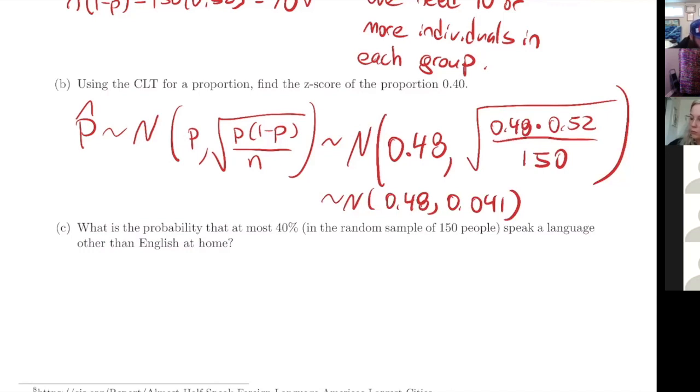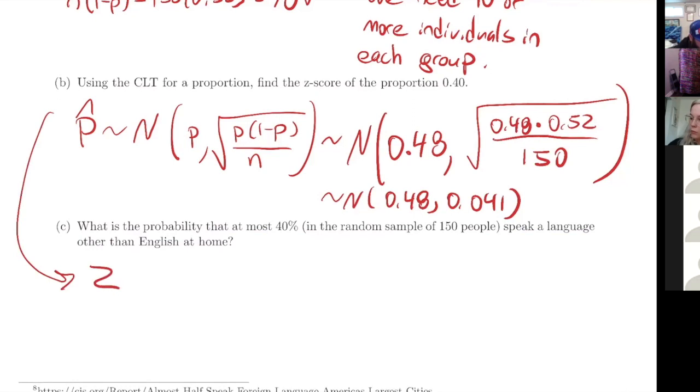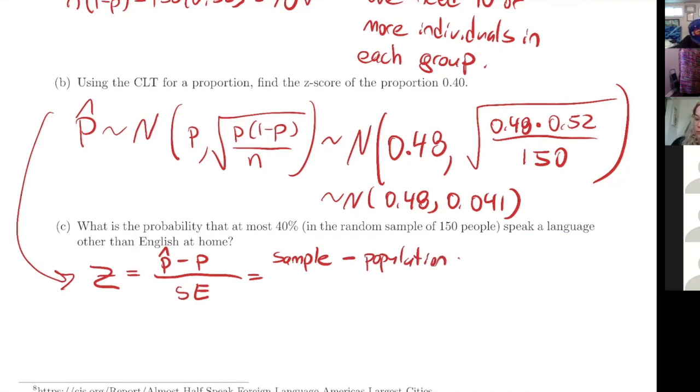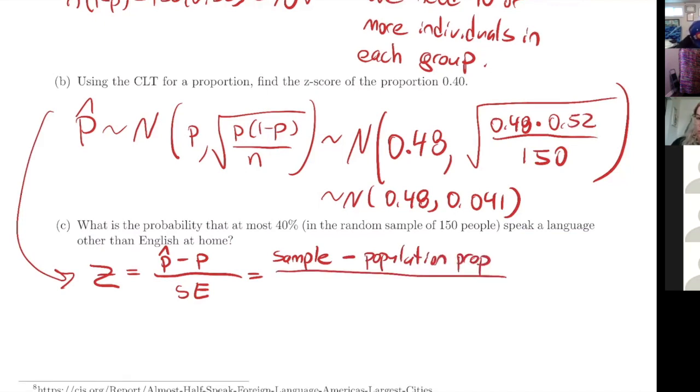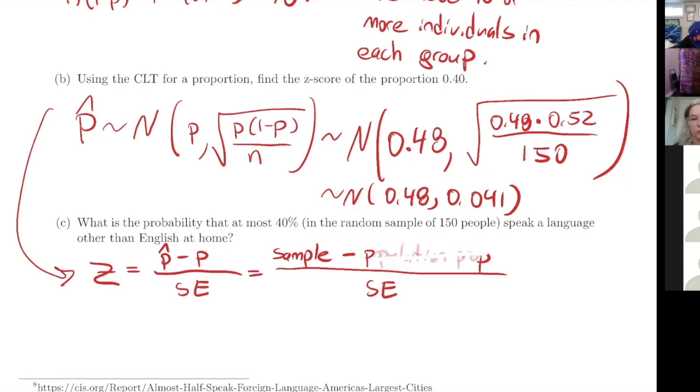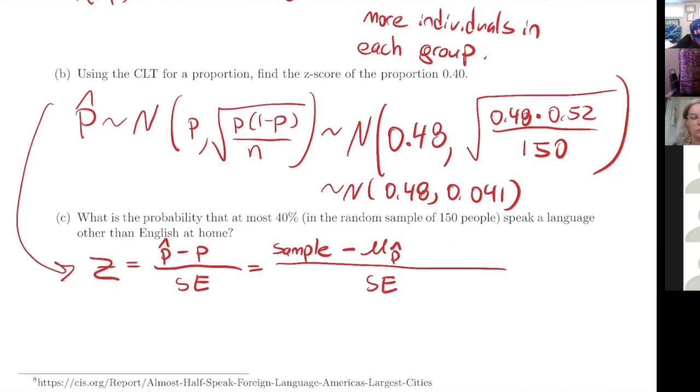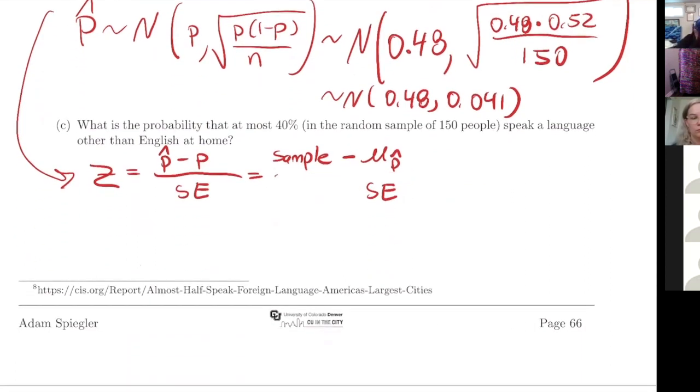So if we want to calculate the z-score in part B, maybe a better way to say this is like this. We're going to take the sample value that we're interested in, which in our case is 0.4.